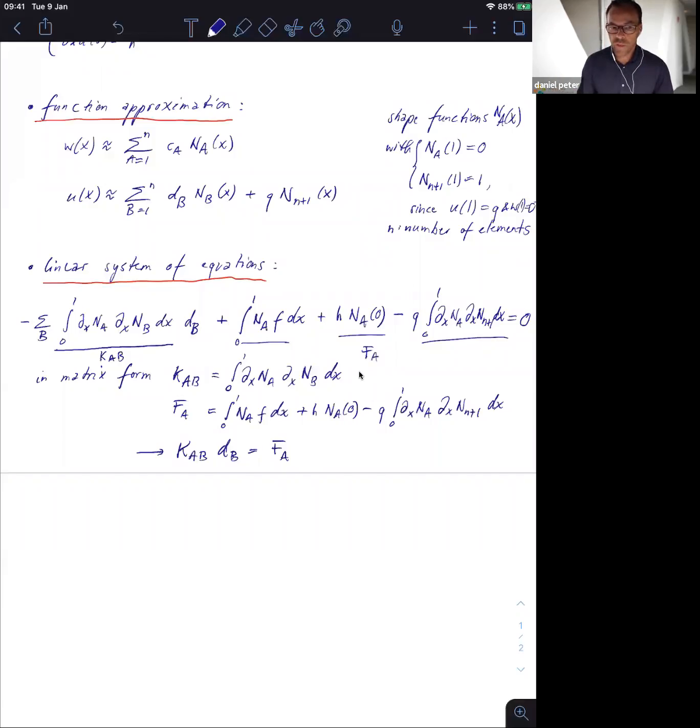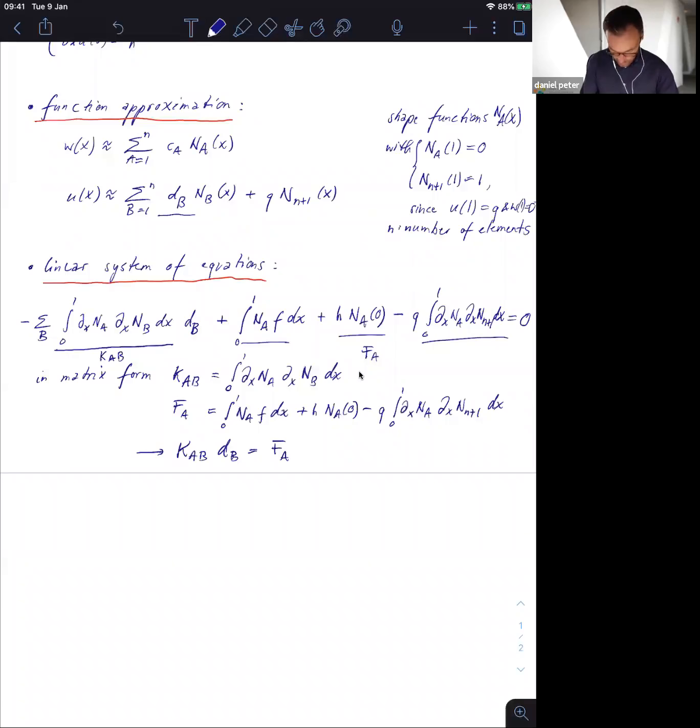If we put it into this matrix form, then we can write it as a matrix times vector equals a vector: K_AB times d_B equals F_A. What we are after are these d_B coefficients, because then we know what the solution field is.